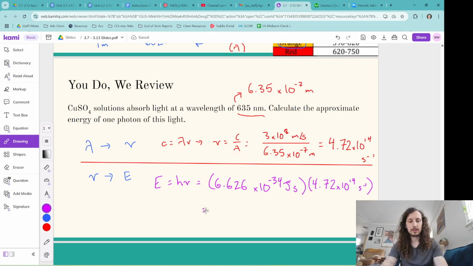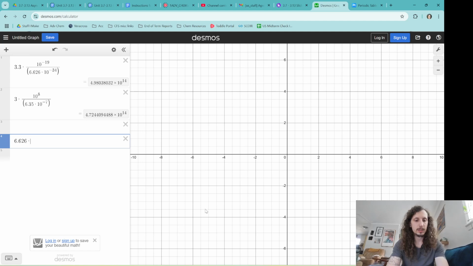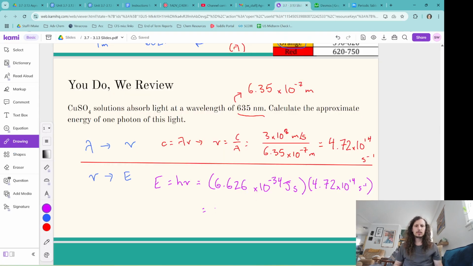So let's see what that gives us. 6.626 times 10 to the negative 34 times 4.72 times 10 to the 14th. So 3.13 times 10 to the negative 19. That's joules. That would be our answer.